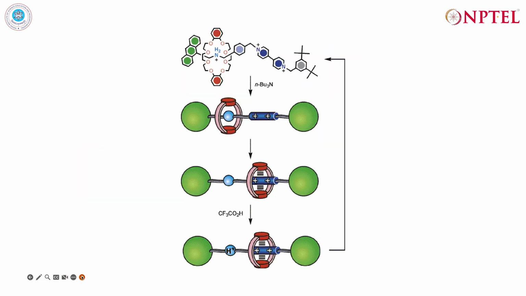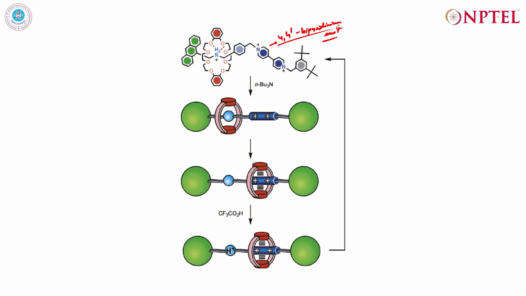Now we can take another very interesting example, where we have this DABCO moiety. Here you see the starting configuration, where there are strong hydrogen bonds between this dibenzo 18 crown 6 and the corresponding 4,4 prime bipyridinium unit.